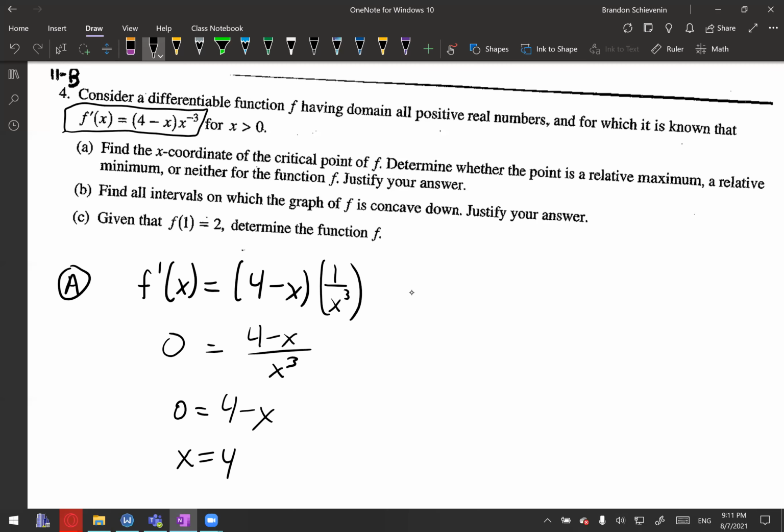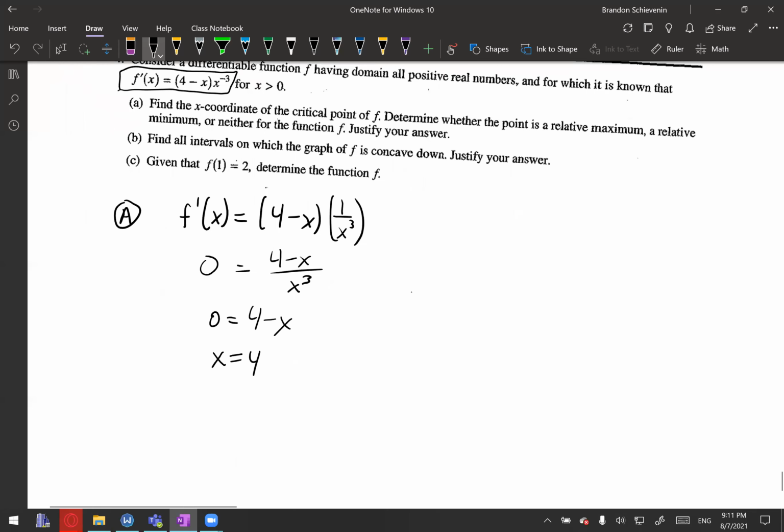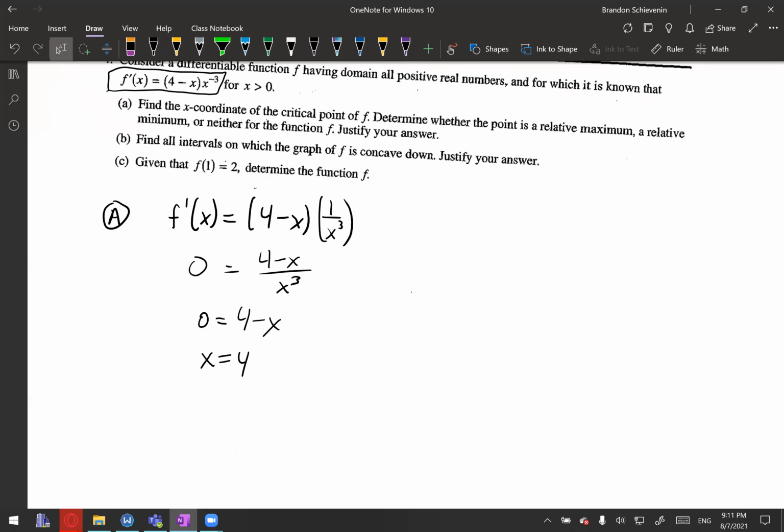I can also have a critical point where our function is undefined. Is there any x value for which our f prime would be undefined? 0. At 0, perfect. So I can say f prime x is undefined, so that does not exist at x equals 0.